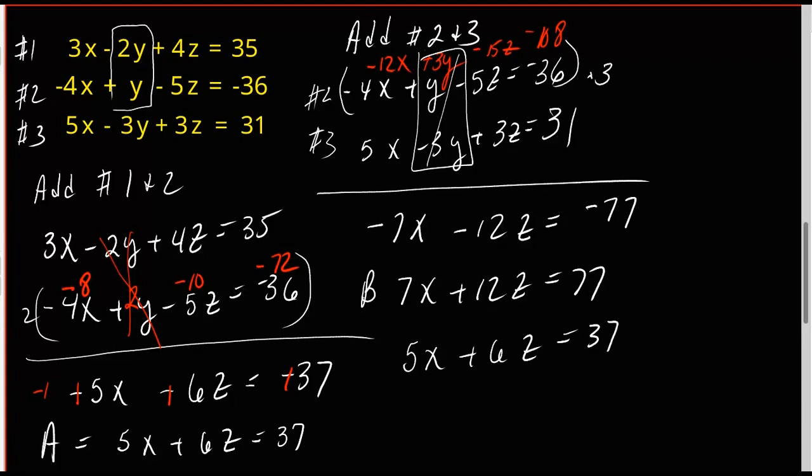If I were to multiply the bottom one here times 2, I need a negative 2, don't I? Yes, a negative 2. So this will give me negative 10x minus 12z equals negative 74.